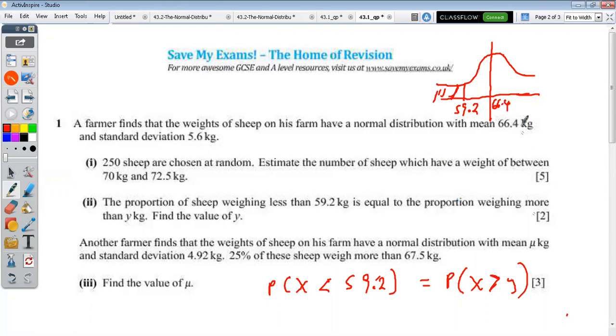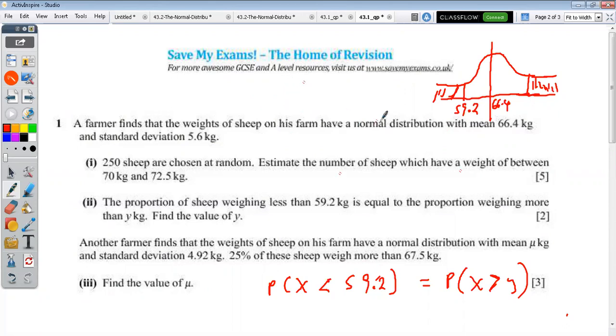And the more than region is this area, which is symmetrical to this. This gives us a negative value anyway, so it's the same as the probability of that being larger than this value here. Okay, now let's normalize it.